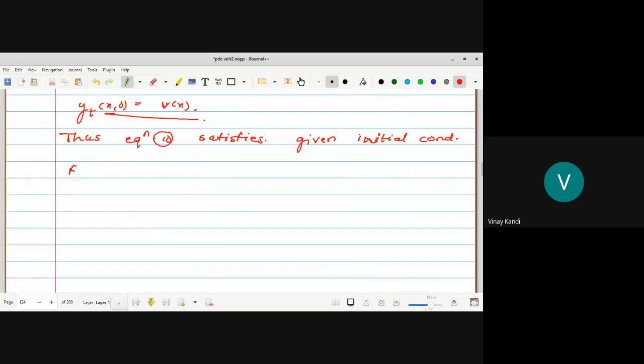Now from equation 10, at आता t ठेवलं तर 0, आता काय ठेवायचं, x is equal to 0, put x is equal to 0.